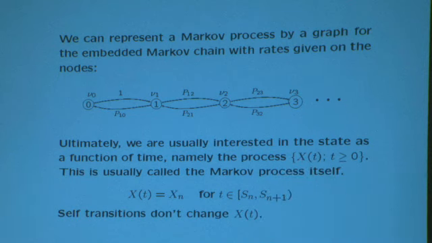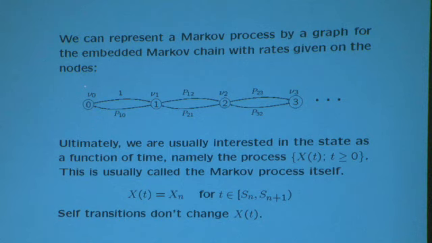Okay, you can represent a Markov process by a graph for the embedded Markov chain, and then you give the rates on top of the nodes. So if you're in state 0, the rate of the exponential holding time before entering the next state is given as nu 0.